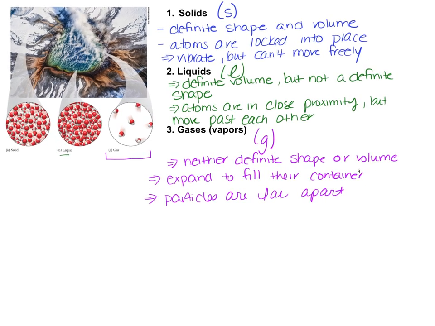Now, because those particles are really far apart, that means gases can be compressed. So that's why you can buy compressed gases in a can, in a store, anything like that. And it's important to know that the gases can be compressed, but solids and liquids can't be compressed.